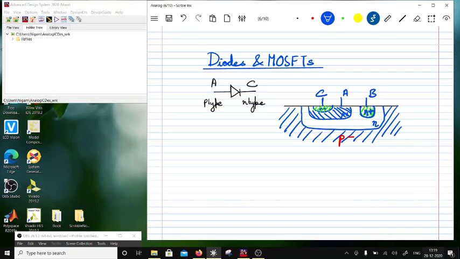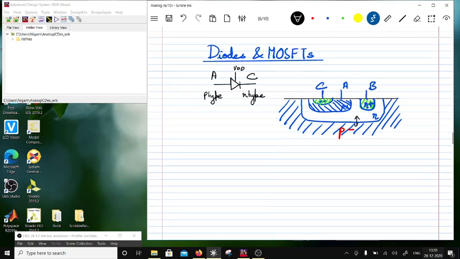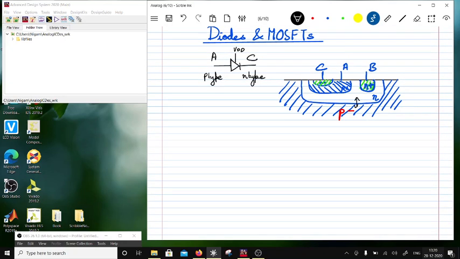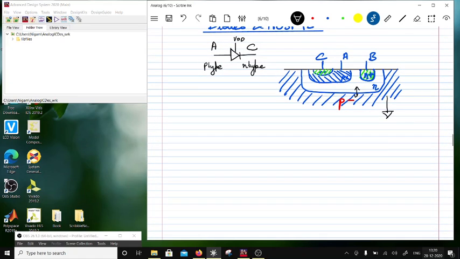Now if I want to reverse bias this PN junction, then this N has to be connected to VDD. So the diode becomes a 3-terminal device rather than a 2-terminal device, right? And here the connection of the body is to VDD, and this would be connected to the most negative terminal, that is going to be the ground. So this is what happens in an N-well process.